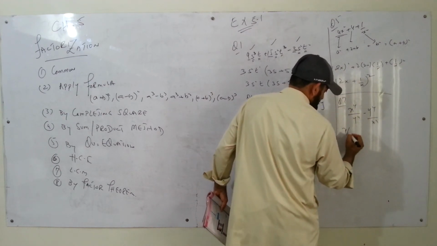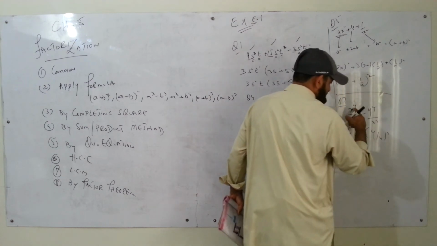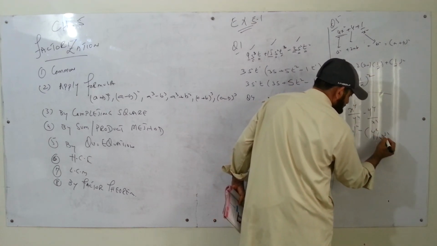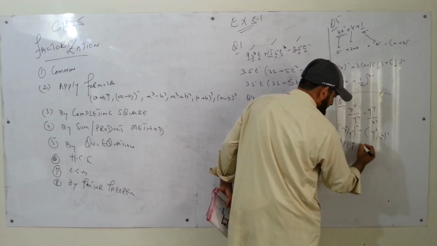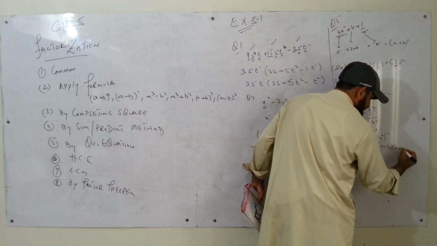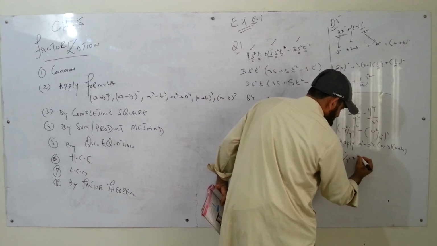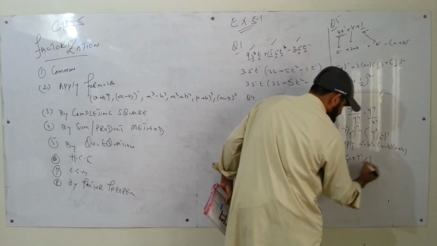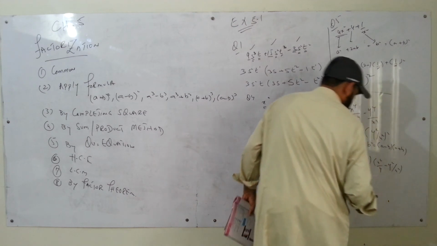Now a square minus b square. Here we have 4, 2 and 2. Apply the formula: a plus b, a minus b.